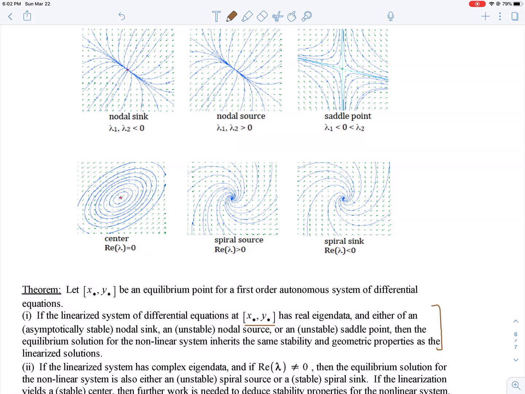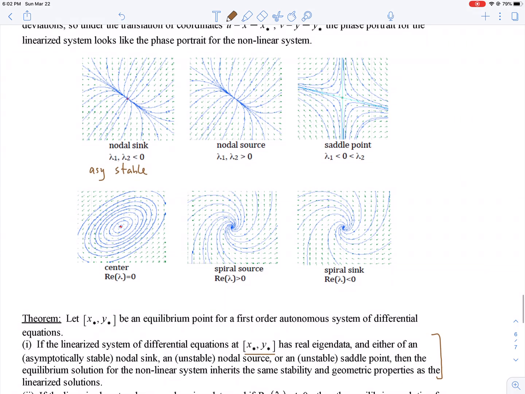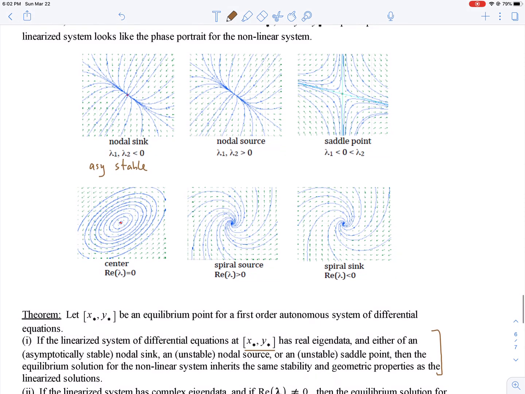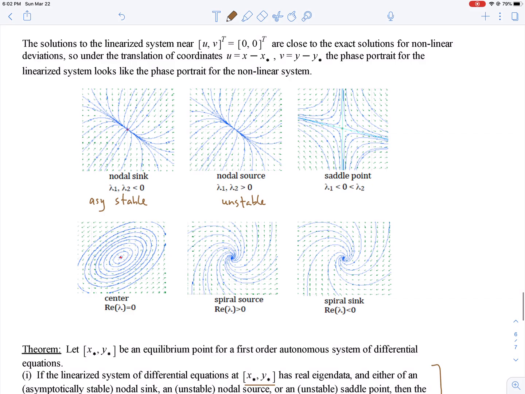So if the linearized system looks like a nodal sink, then the nonlinear equilibrium point is asymptotically stable, and the solution trajectories near that equilibrium point look just like the ones for the linearized problem. If the linearization is a nodal source, then for the nonlinear problem it also looks like a nodal source near the equilibrium point, and that equilibrium point is unstable.